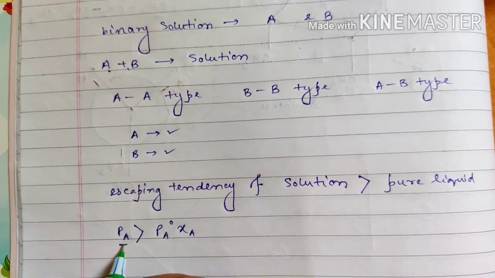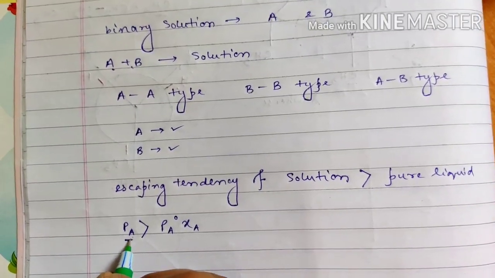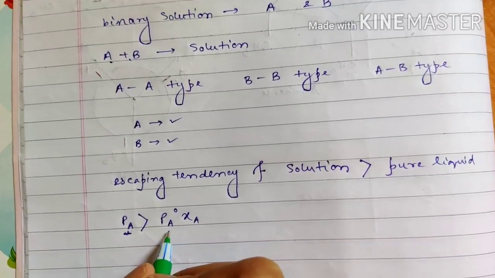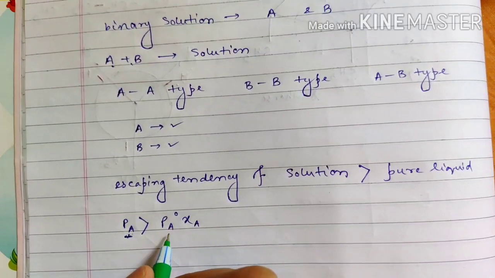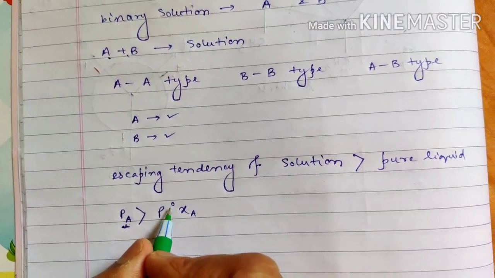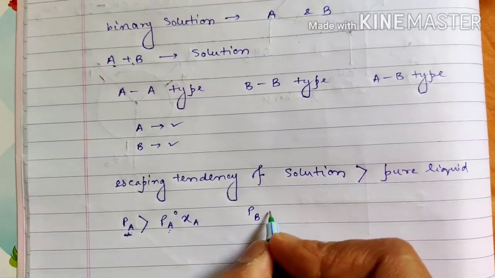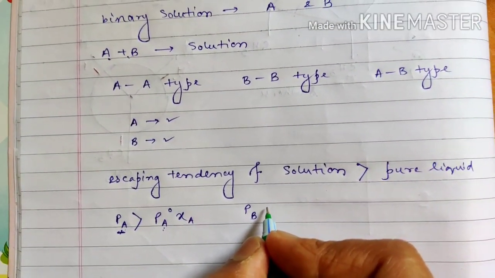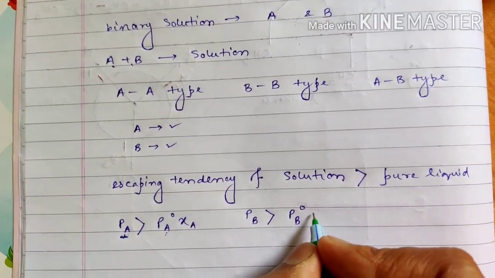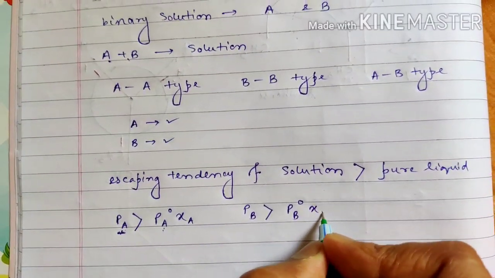After forming the solution, the partial vapor pressure given by A will be higher than the partial vapor pressure of A when it was not mixed with B. Similarly, the partial vapor pressure of B after forming the solution will be greater than the partial vapor pressure of B when it was purely B, that is PB0 into XB.